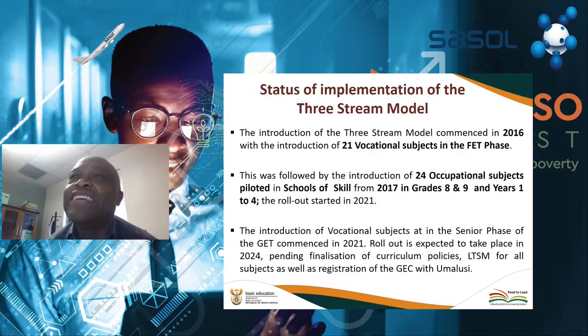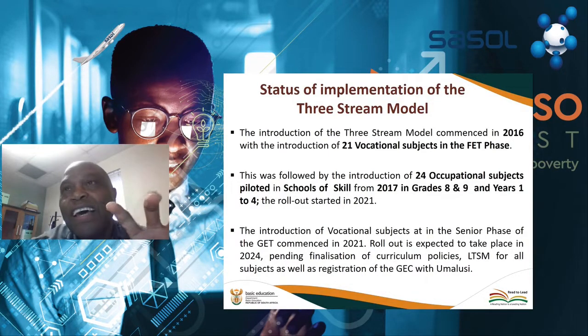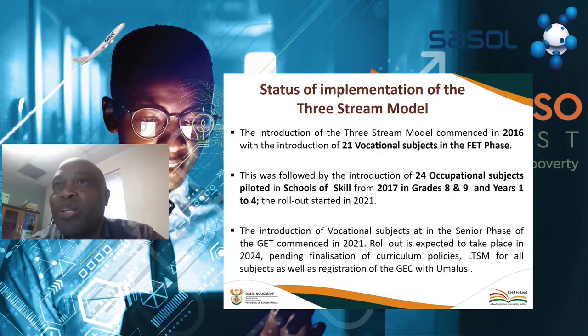In fact, it's actually 3 vocational subjects, with their specialization, of course technical maths, technical sciences, and HGD, which were introduced at grade 10. And those subjects are making up what we call the vocational stream in terms of the three-stream model.